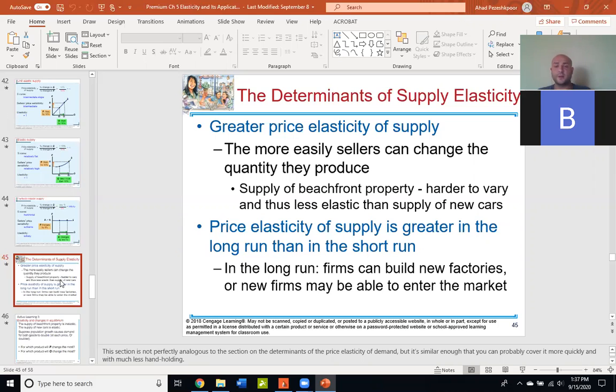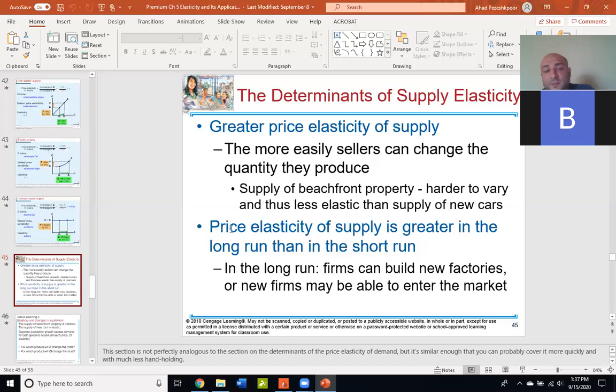So supply of beachfront property is limited. When demand for beachfront property goes up and up and up, suppliers cannot produce more and more. So at a certain point, they need to increase prices more than they can increase the supply. Supply of beachfront property is harder to vary and thus less elastic than supply of new cars.